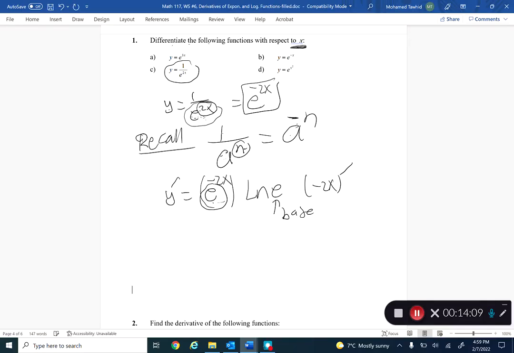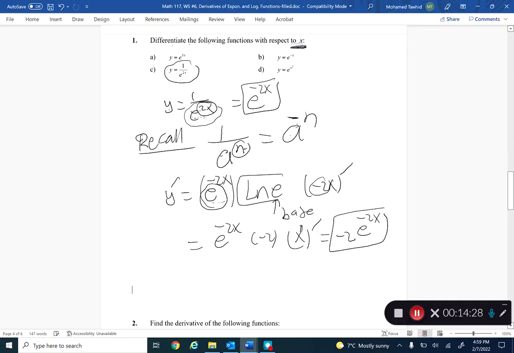So now, what is ln e here? It's 1. So here you have negative 2x. And negative 2 here is a constant, I can grab it outside. So what do you have left? X prime. X to the power 1 prime, which is just 1. That's very good. So you have negative 2 e to the power negative 2x. And that is our derivative. So here, if some people would like to apply the quotient rule, it is okay.